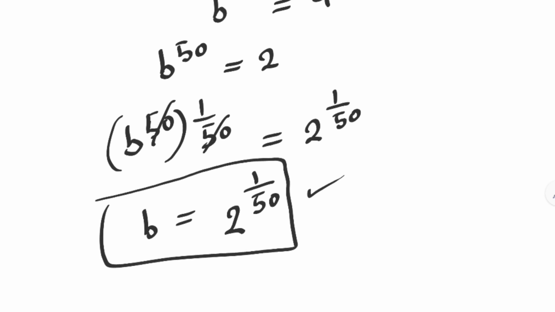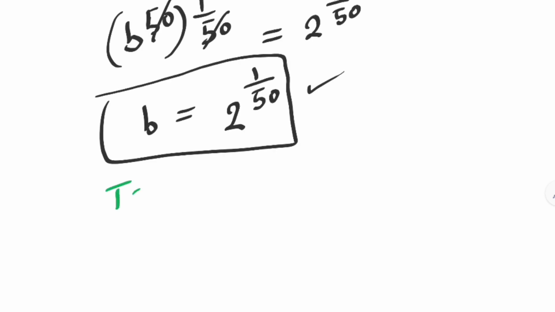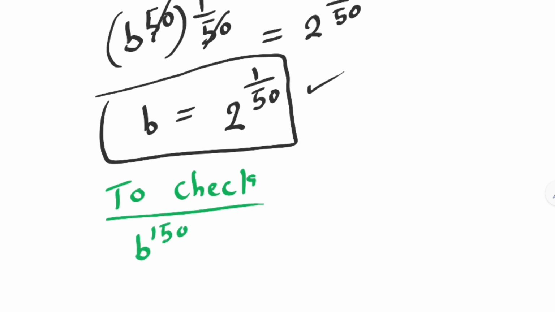We may check to confirm if this answer is right or wrong. Let's check. To check, we have the given equation. b raised to power 150 plus b raised to power 100 is equal to 12.